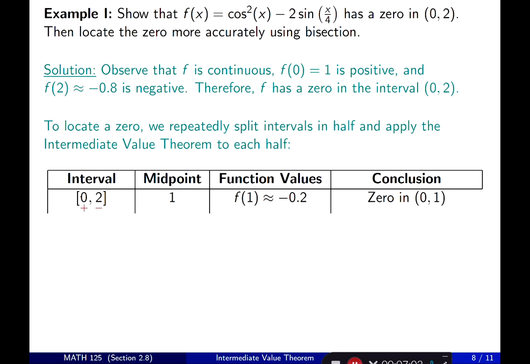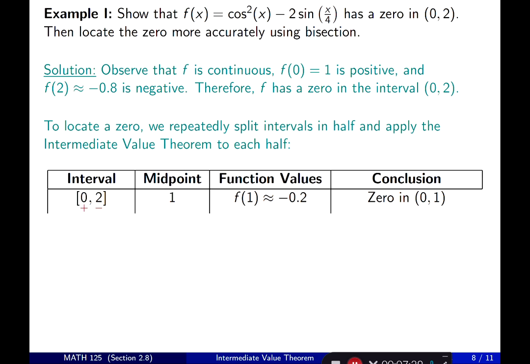So the function value at 0 is a positive number. That's what we figured out: f of 0 is 1. At 2, it's a negative value, f of 2 is approximately negative 0.8. And then we have to find a midpoint.